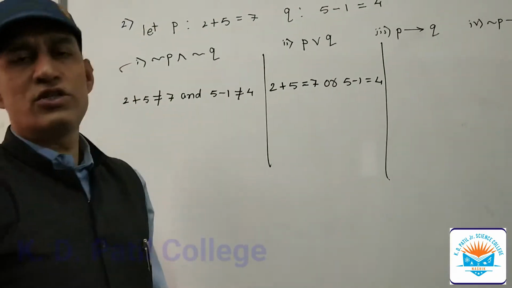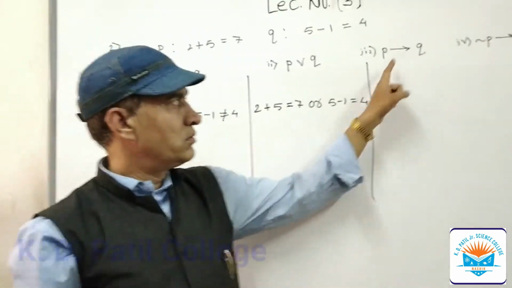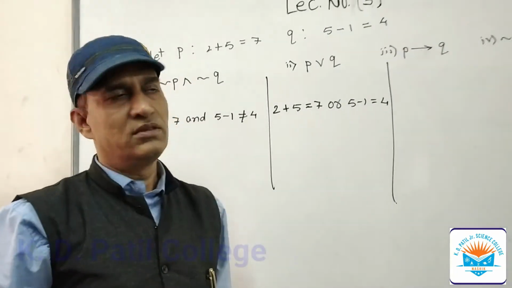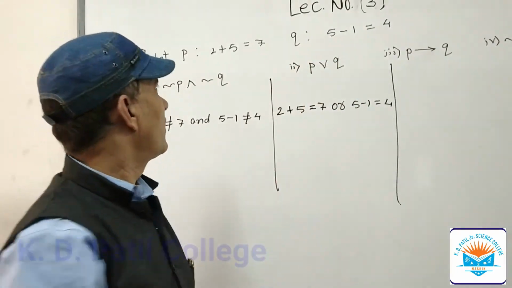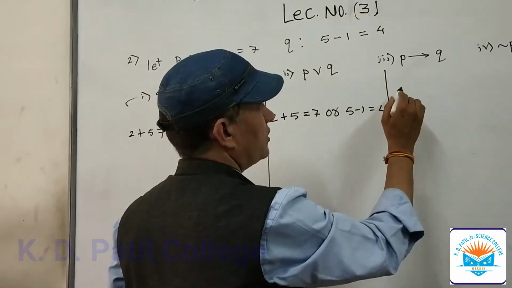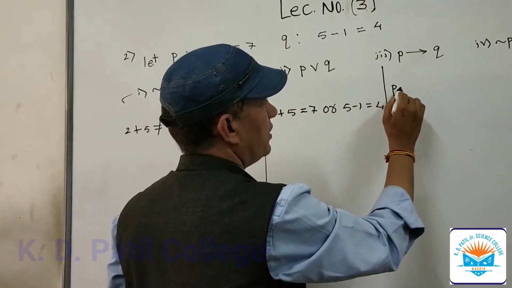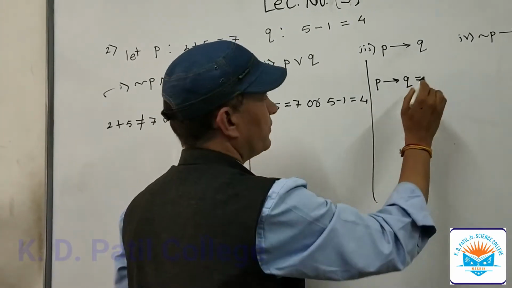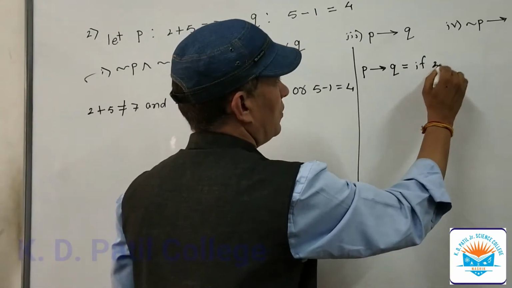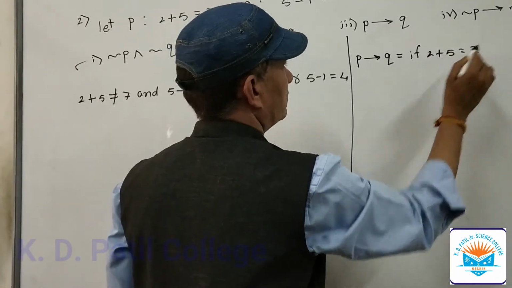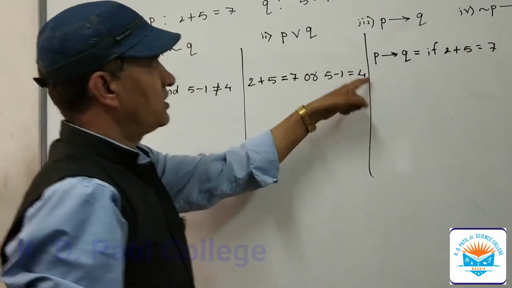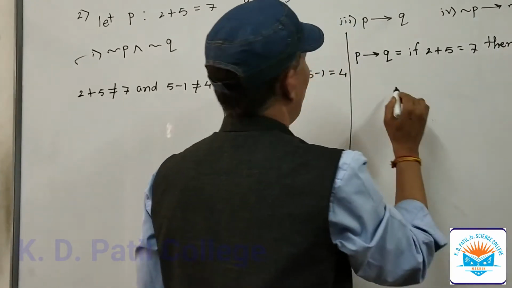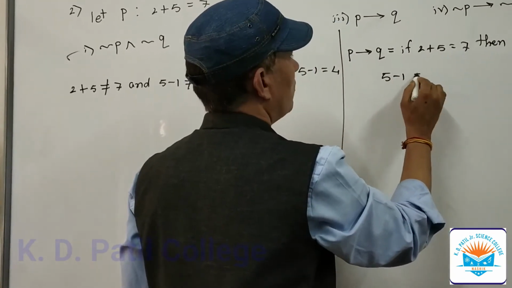Now what about P conditional Q? As we know, this symbol is used for if-then, so it can be written as: if 2 plus 5 is equal to 7, then 5 minus 1 is equal to 4.